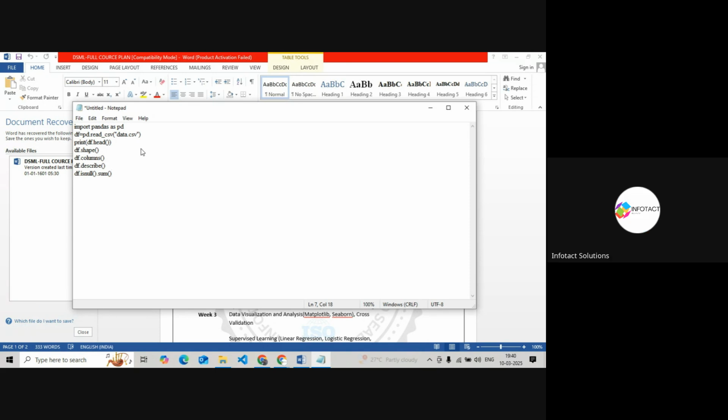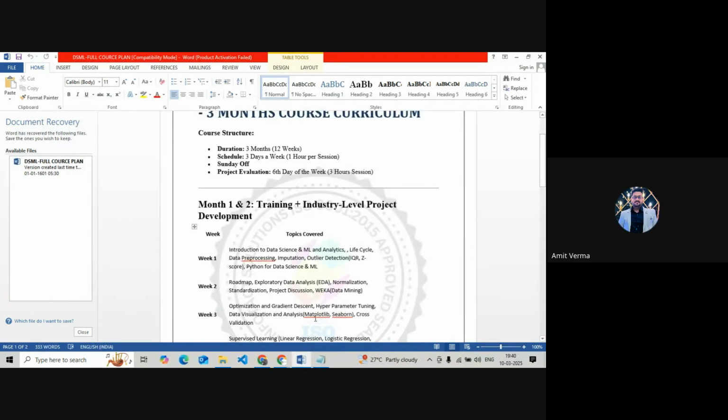Then for data cleaning and pre-processing, before analysis the data must be cleaned and formatted properly. To handle the missing values, I have already discussed imputation and all of those things. Yes or no, guys? Yes, sir.